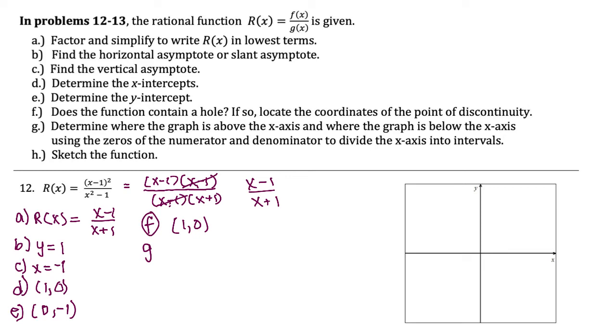determine where the graph is above and below. So here the graph of r of x is above from negative infinity to negative 1, and 1 to infinity.